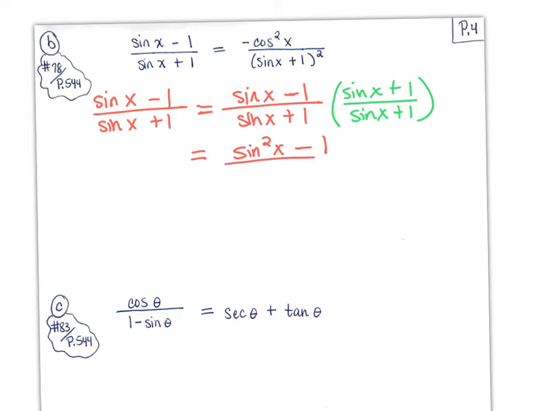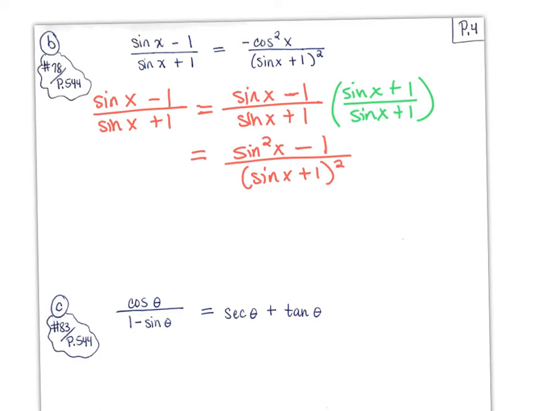Because your outer and inner term, you would get sine x minus sine x, so they cancel out, and then multiplying the negative 1 times the positive 1, you get minus 1. And then your denominator is just the quantity sine x plus 1 squared. We don't need to expand that or multiply it because you look at your right hand side up here and it didn't have it expanded.